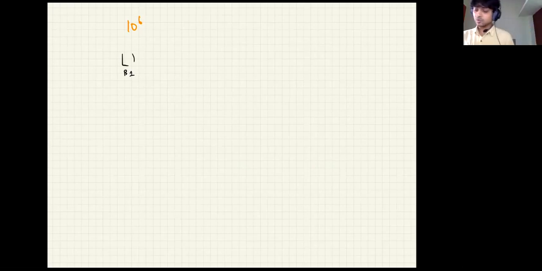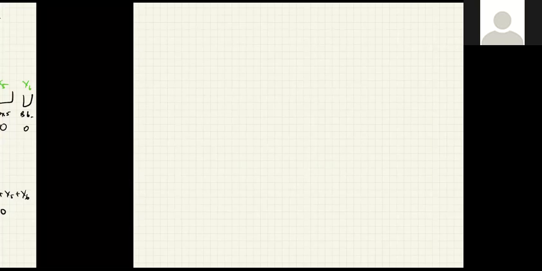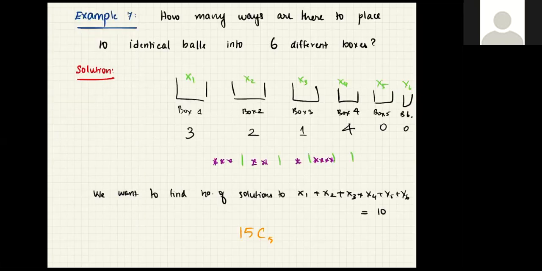But I think you had a different argument to get to 10 power 6. Like every box has the same number of options to be filled. I know this is wrong, but I don't know where exactly it is wrong. If the balls are numbered, okay, then putting ball one here, ball two here, ball three here.